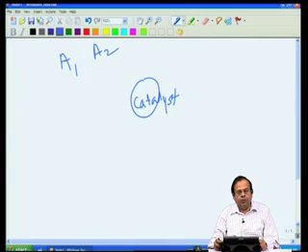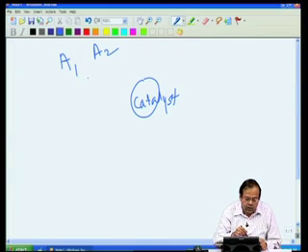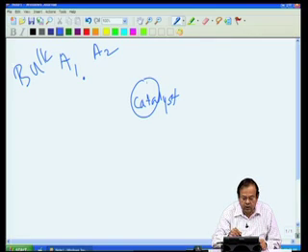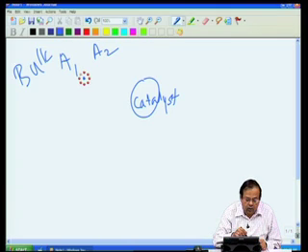What must happen first is that the gas reactant molecule from the bulk phase. This is all my bulk phase, and the circle is my catalyst phase.